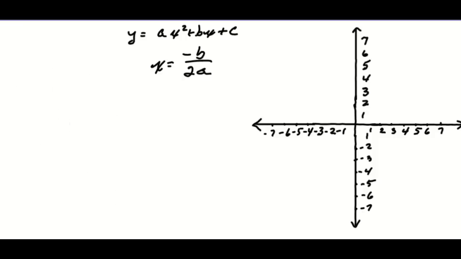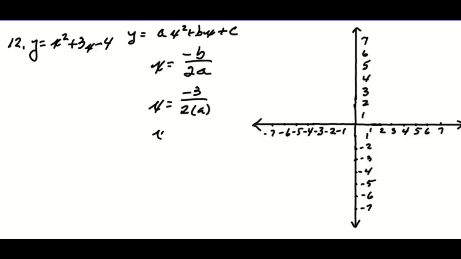Number 12 is interesting because with number 12, what we have is y equals x squared plus 3x minus 4. Okay? Now, having that, why don't we go ahead and figure out what that vertex point is for this quadratic equation using x equals negative b, and b happens to be 3, over 2 times a.